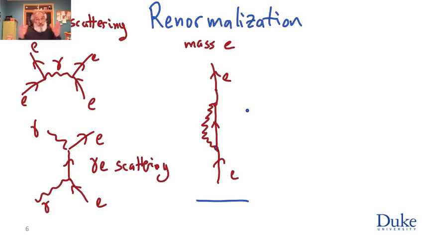This was known in the 19th century. The reason we got an infinite answer is because we were asking a dumb question. We were asking, what's the difference between the mass of an electron without electric fields and a mass electron with electric fields? That's not a physical question because in the universe there are no electrons without electric fields.